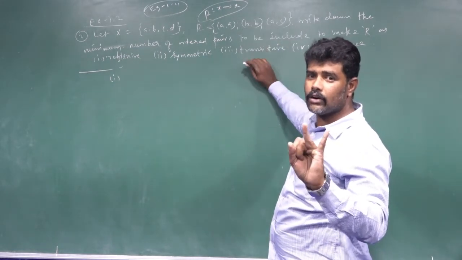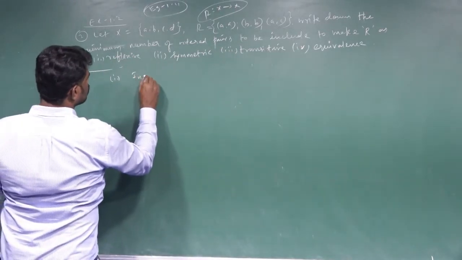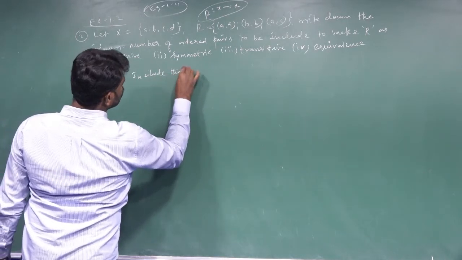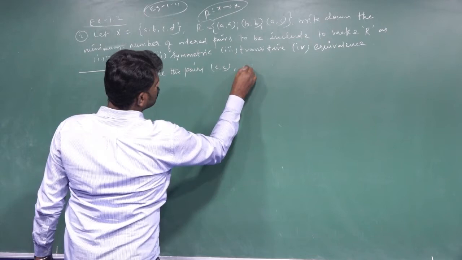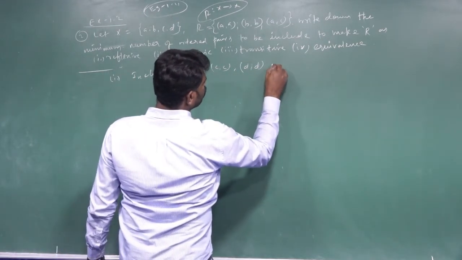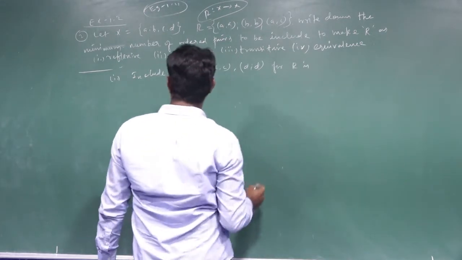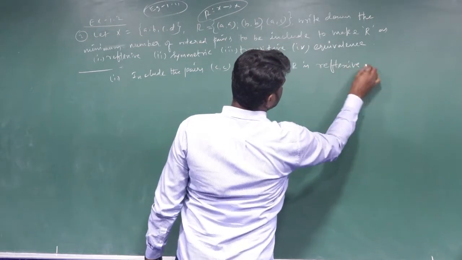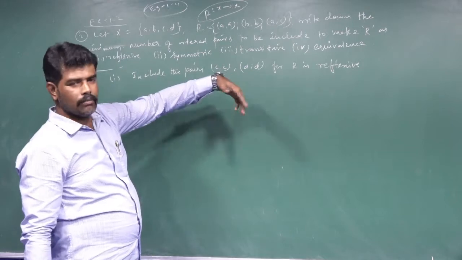CC and DD are the missed pairs. So include the pairs CC and DD for R to be reflexive. That's all. If you include these two pairs, then R will be reflexive.